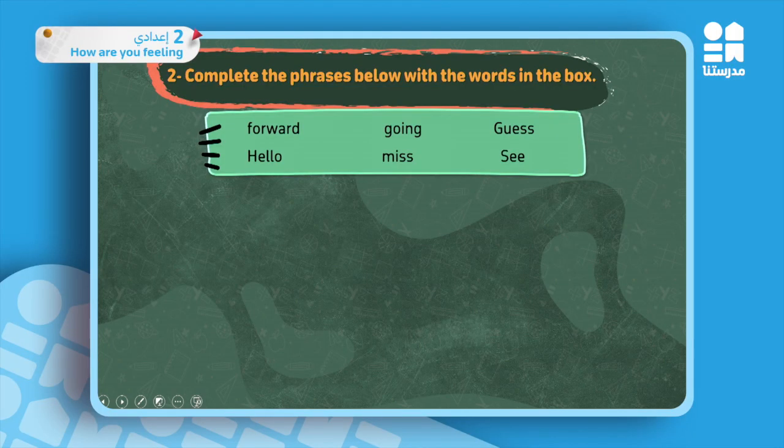Okay, let's go. Now, we have here forward. Also we have going, guess, and we said guess معناها يخمن. Hello, miss. When I say I miss you, not miss the teacher, miss يعني مفتقد شخص, and see.